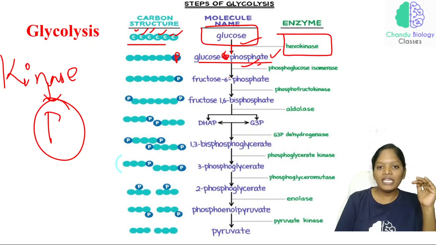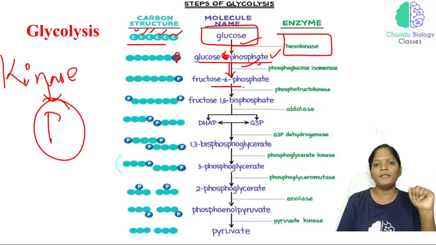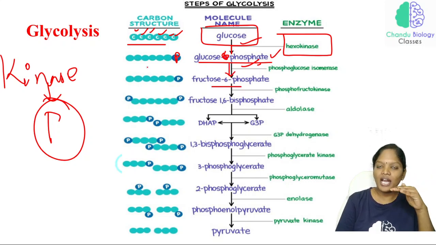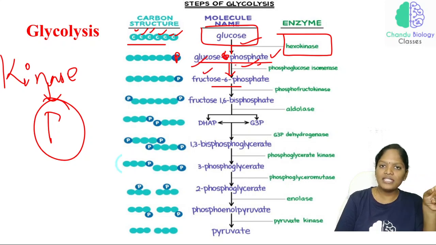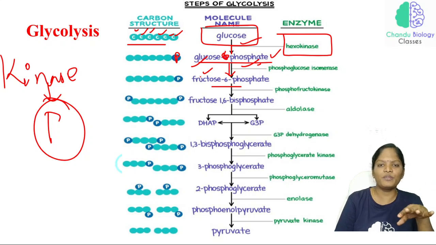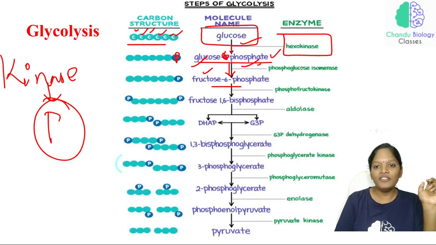Now the second step: this glucose 6-phosphate is converted into fructose 6-phosphate. The number of carbons is the same for both glucose and fructose, and at the 6th carbon a phosphate group has been added, so that's why fructose 6-phosphate. Which enzyme mediates this change? Phosphoglucose isomerase.